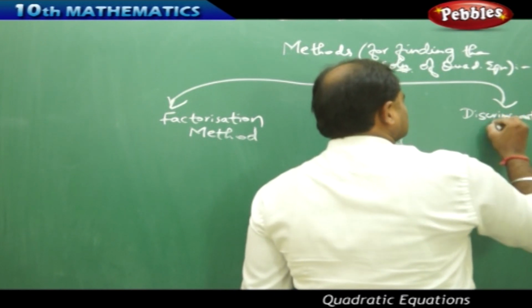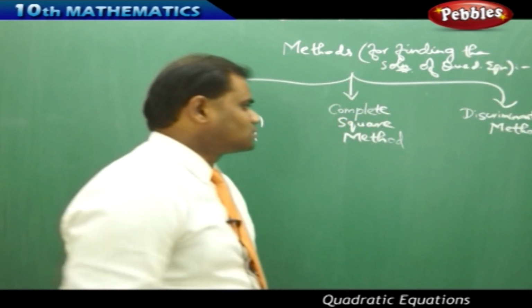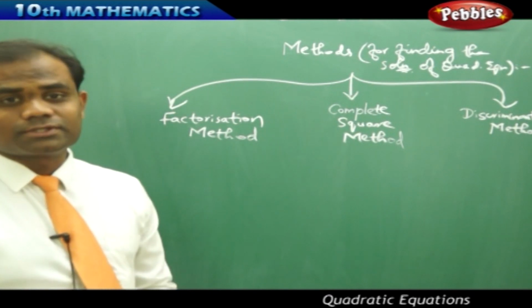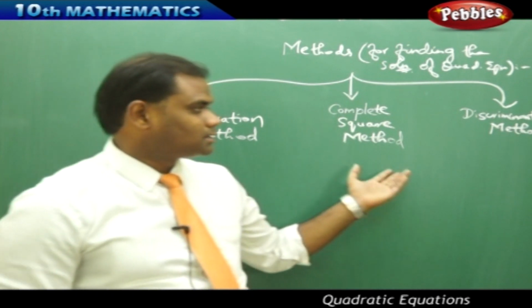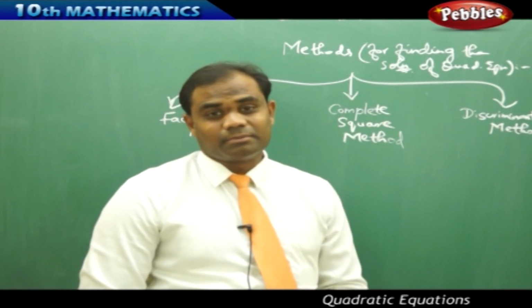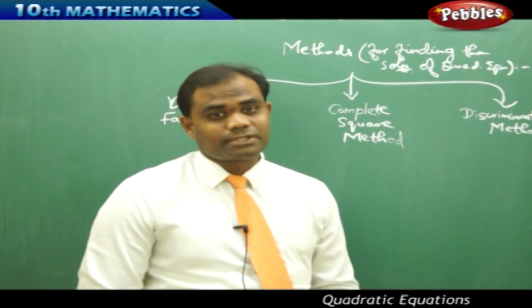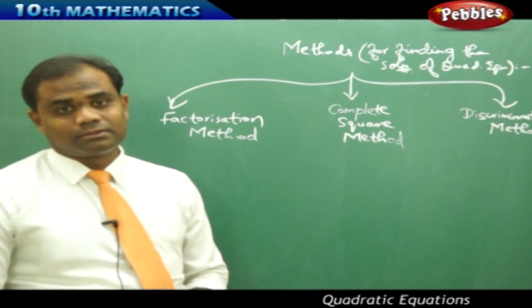It's called the discriminant method. So these are the three basic methods through which we get the solutions of a given quadratic equation: the factorization method, complete square method, and discriminant method. Let's see each of them step by step, to start with the factorization method.